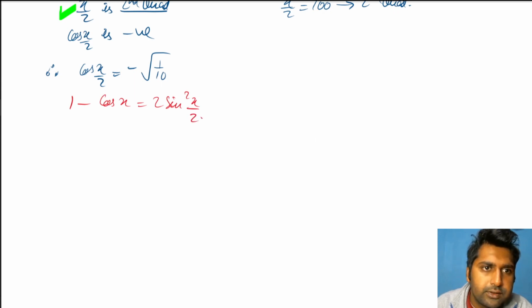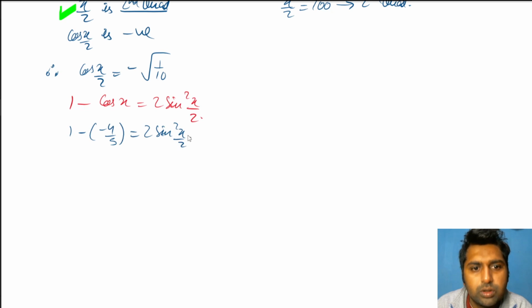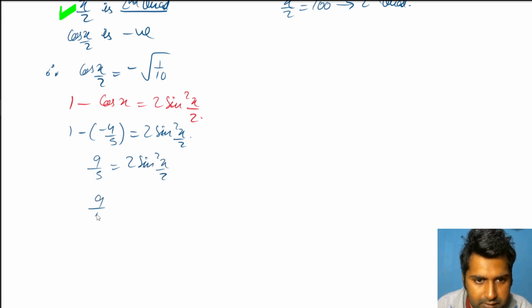Okay, let's use this. So 1 minus minus 4 by 5 is equal to 2 sine square x by 2. So that becomes 9 by 5 is equal to 2 sine square x by 2. So 9 by 10 and then square root of it, plus minus. That becomes your sine x by 2.